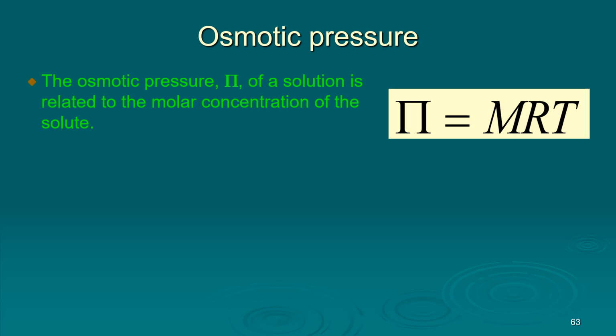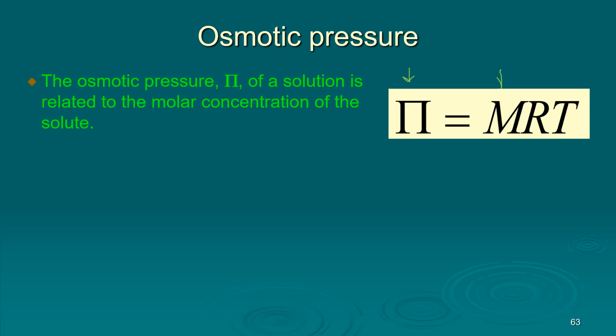It's important, which we'll see on the next slide, because your blood cells, any body cell, the cells are semi-permeable, meaning that they let some molecules in but not others. So anyway, this is the formula for osmotic pressure. Again, osmotic pressure has the symbol capital pi, and it equals MRT.